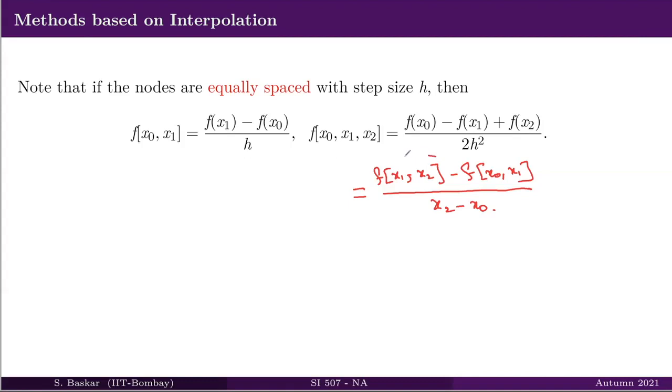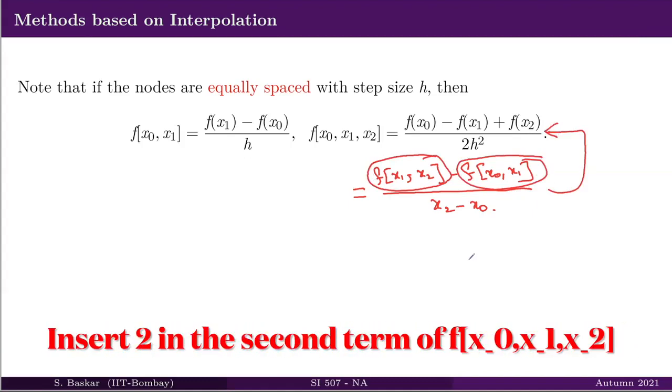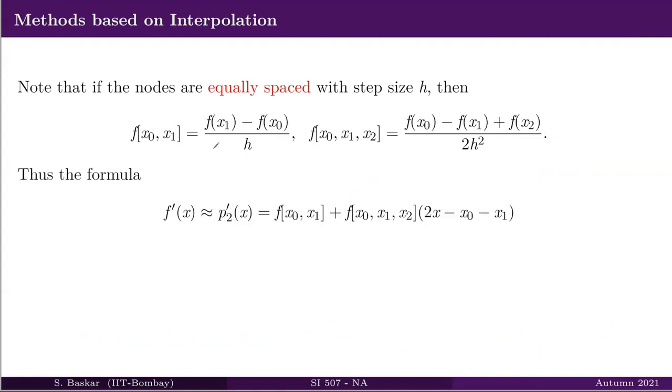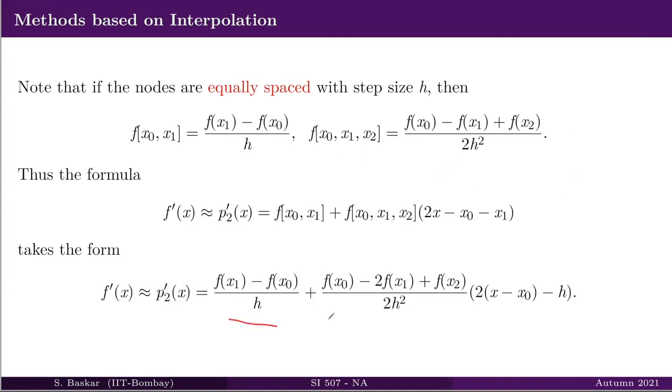Now you substitute the expression for this separately and this separately, and then simplify. You will get this expression for the second order divided difference at the points x0, x1 and x2. Therefore, the formula for f dash, which we generated through P2, now can be written as this expression.